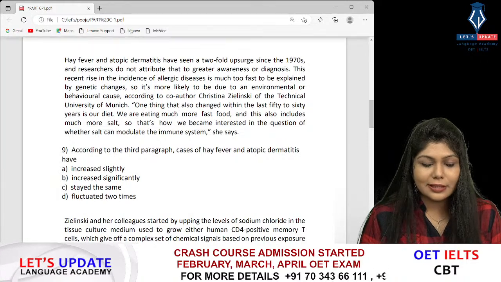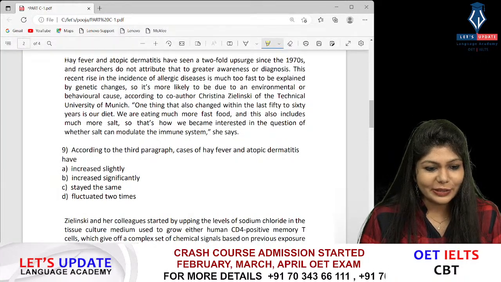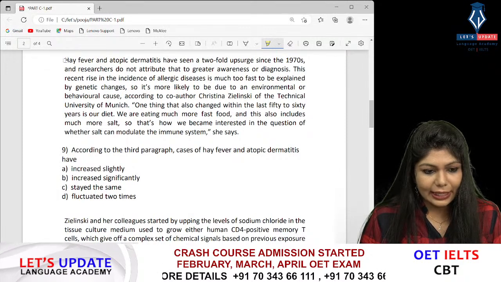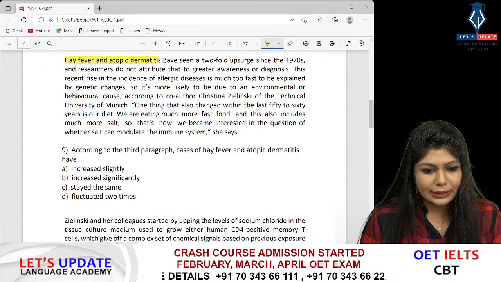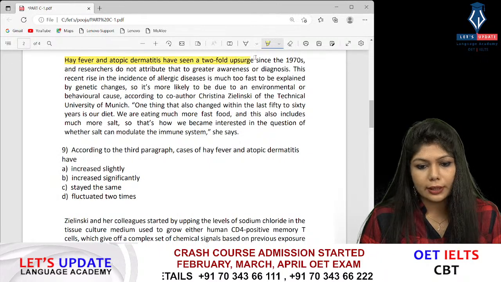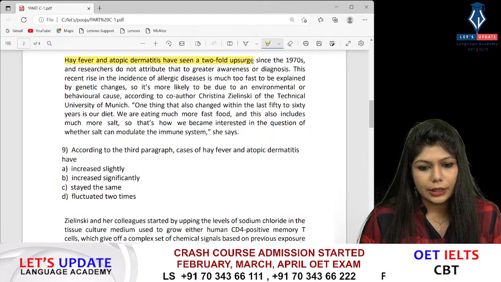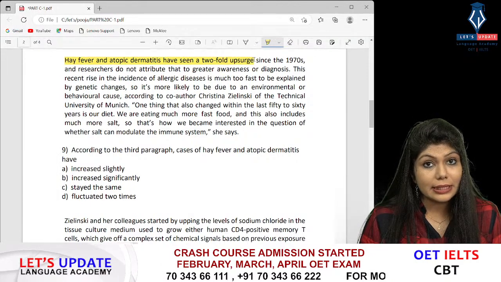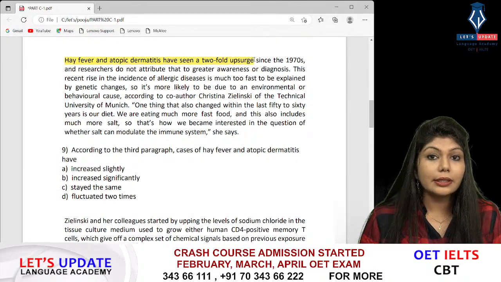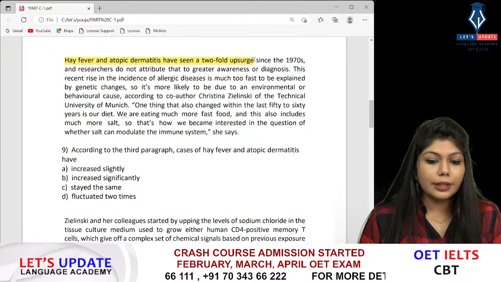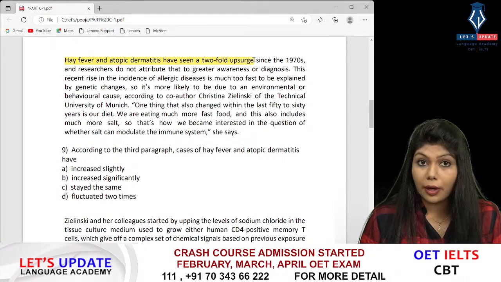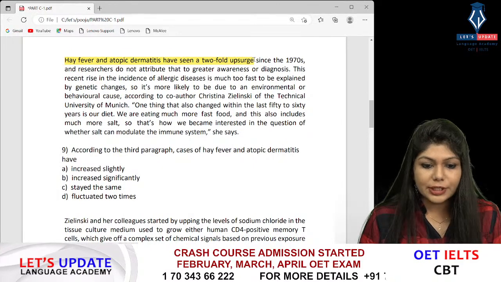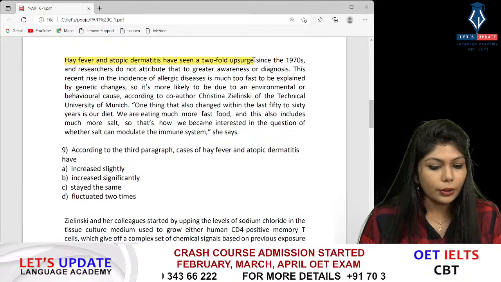I'll just highlight the information. What is given in the paragraph is that hay fever and atopic dermatitis have seen a twofold upsurge. Twofold upsurge means it has increased a lot, it has doubled.